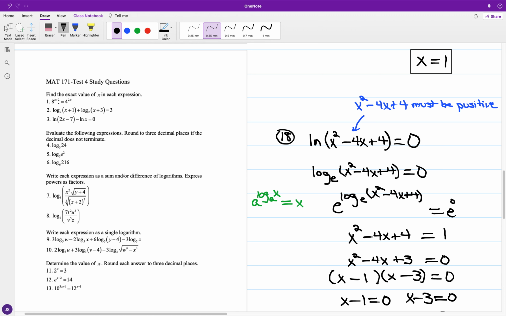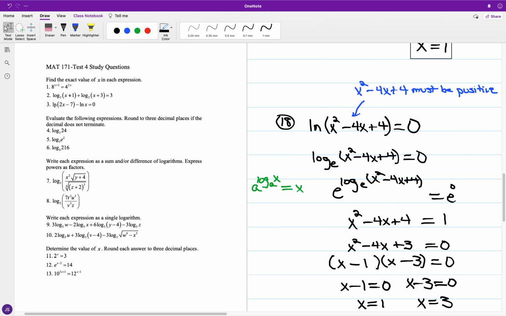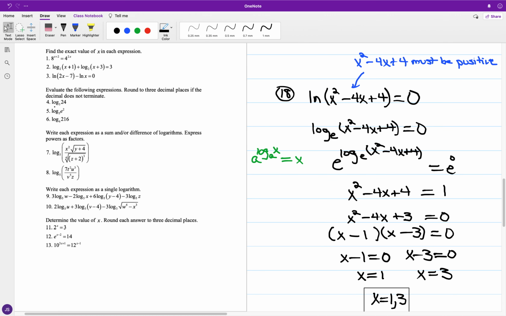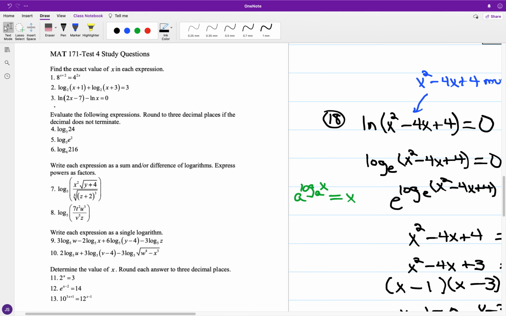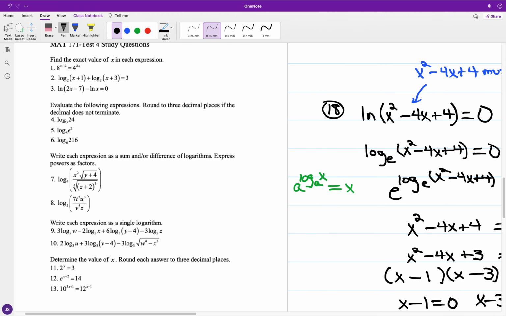The other day we looked at an exponential equation that had a common base, which was 2 in the case of problem 1. Now for number 2 in this set, you have the base 2 logarithm of x plus 1 plus the base 2 logarithm of x plus 3 is equal to 3.